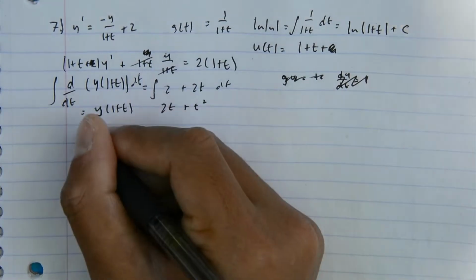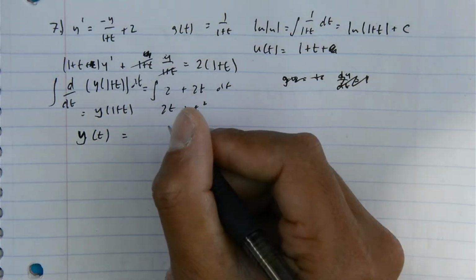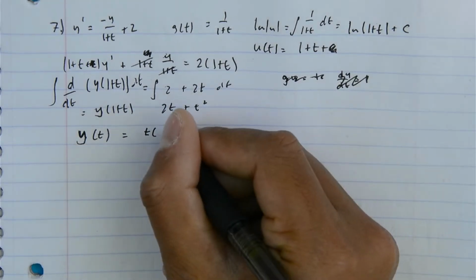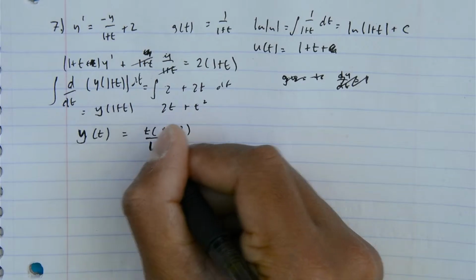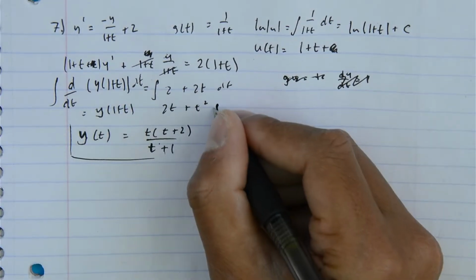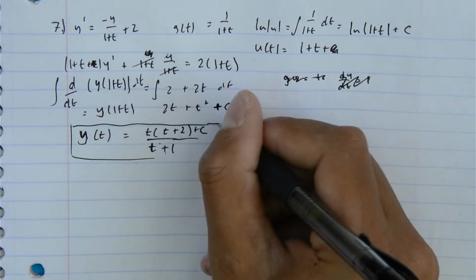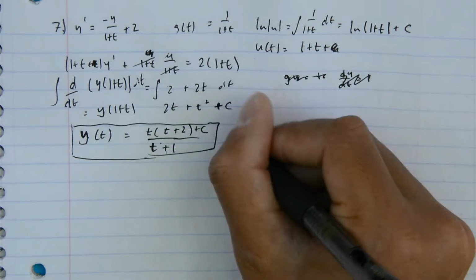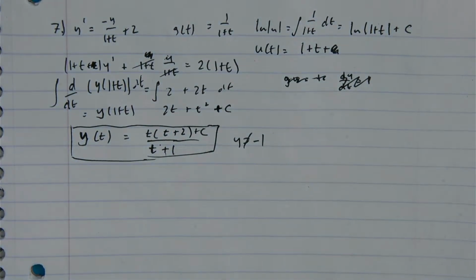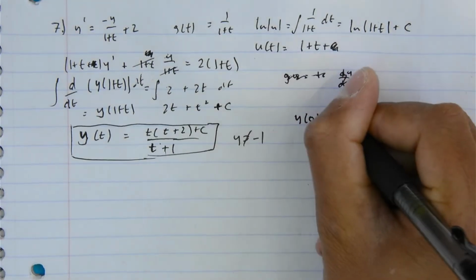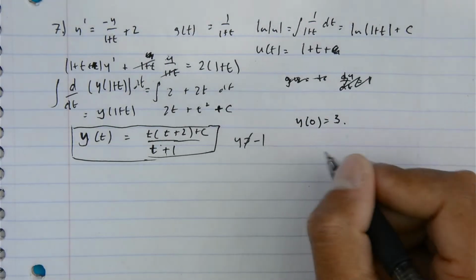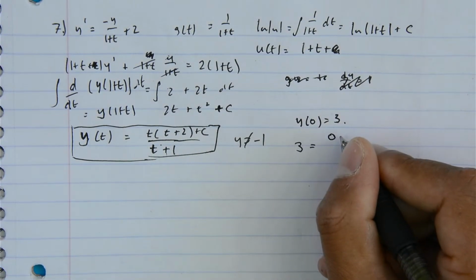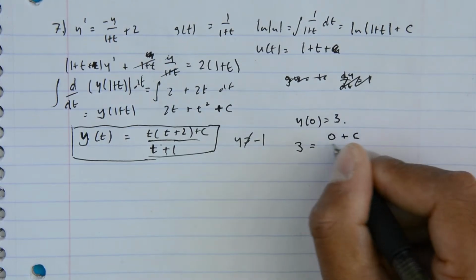So y of t is equal to... oh wait, we need to solve the initial value problem for y of 0 is equal to 3. So then 3 is equal to 0 plus c over 1.